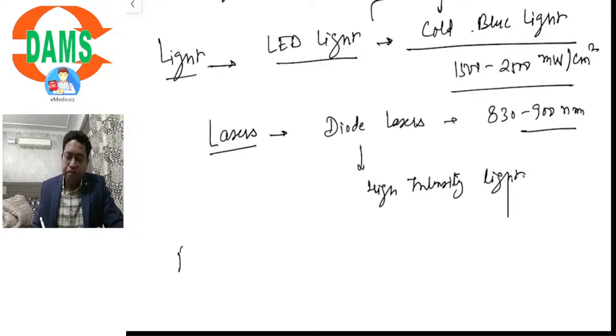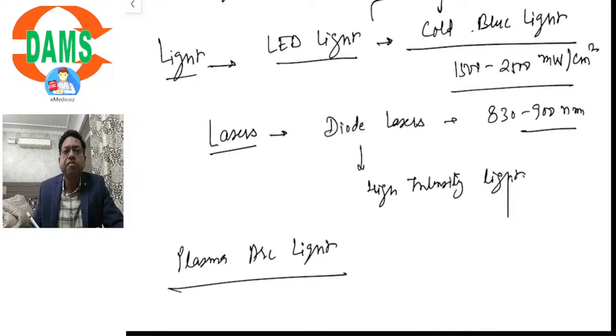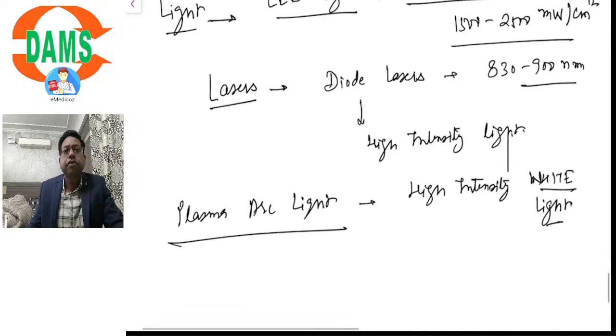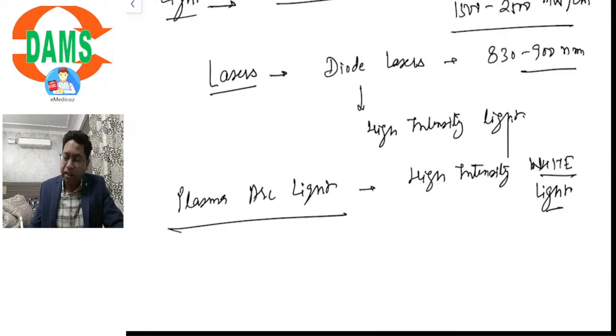We can also use plasma arc light. Plasma arc light is basically a high intensity white light that has the potential to increase the tooth surface temperature.